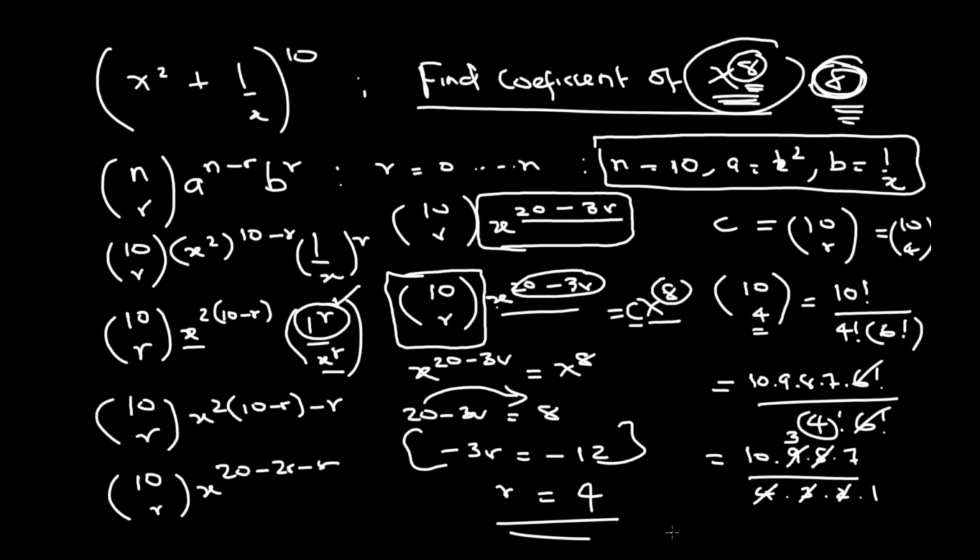So our final answer is going to be 10 times 3, that 3 there, and then 7. 7 is also left. So we can see that this is 21 times 10, which is 210. So we know that the value of the coefficient of x^8 in this case is going to be 210.